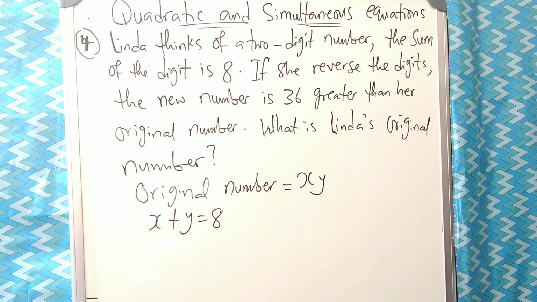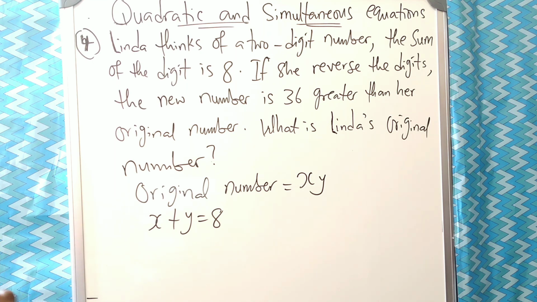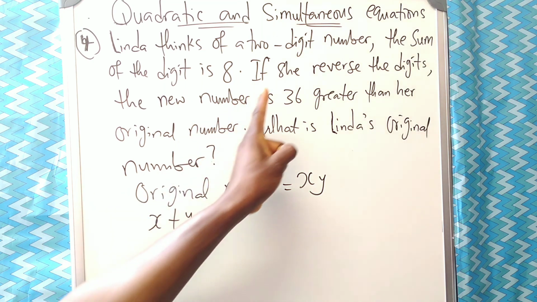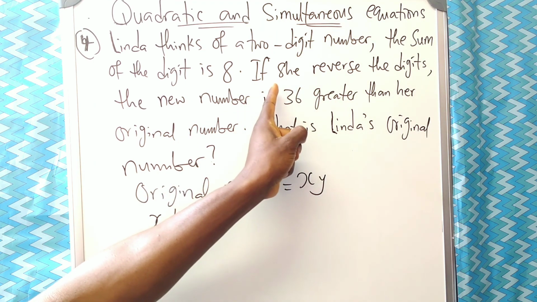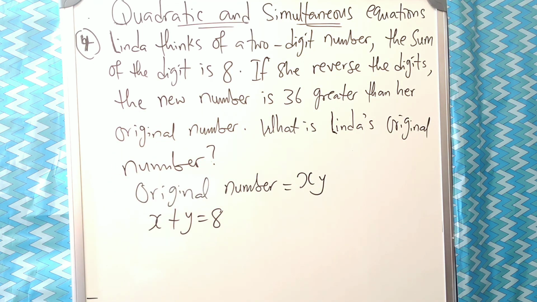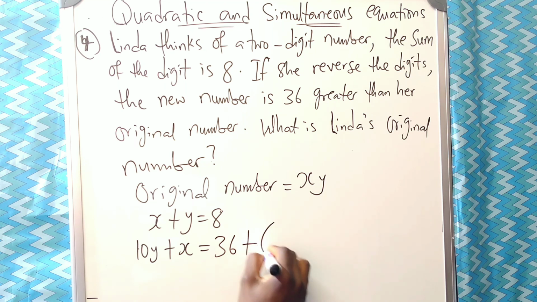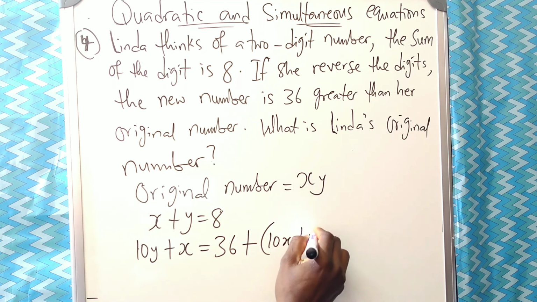Now let's think of something. A 2-digit number definitely has tens. It's not a unit, it's tens. One will be tens, the other one will be unit. We should understand that. So definitely from the next sentence, if she reverses the digits, the new number is 36 greater than our original number, we're going to have 10y plus x equals 36 plus bracket 10x plus y.